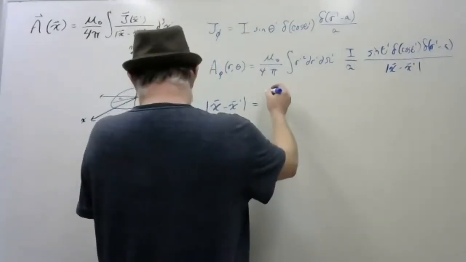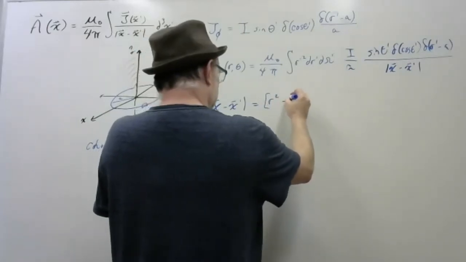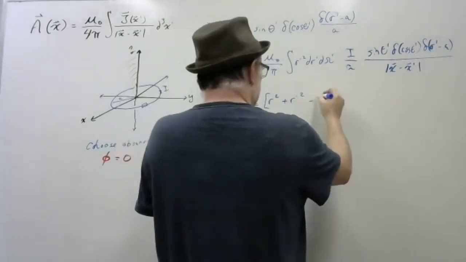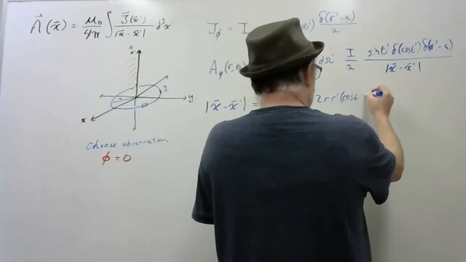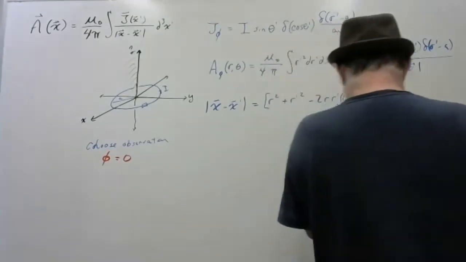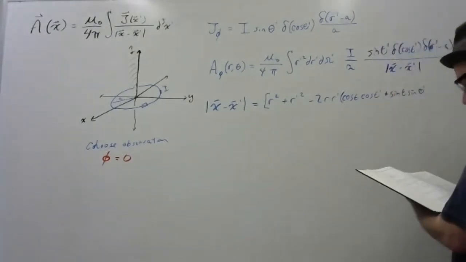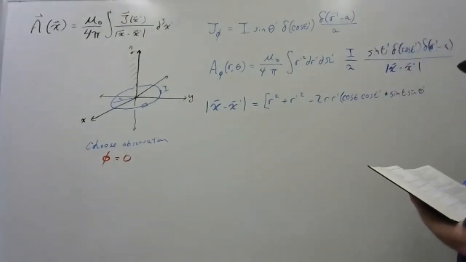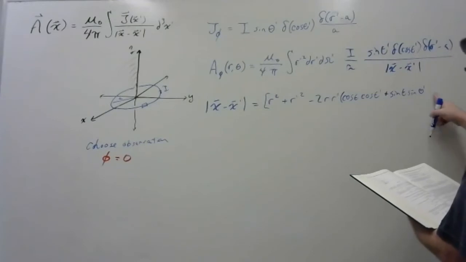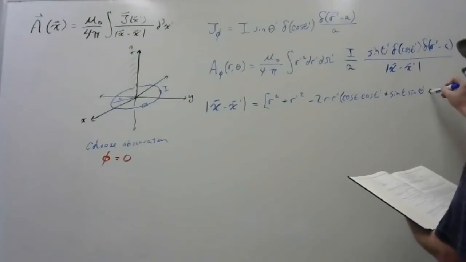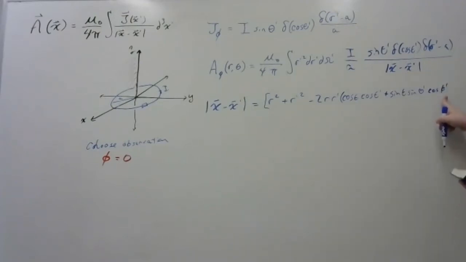So this is equal to r squared plus r prime squared minus 2 r r prime multiplied by cosine theta prime plus sine theta prime cosine phi prime, but in this case it's just cosine phi prime, because phi is 0, so that makes cosine of phi equal to 1.